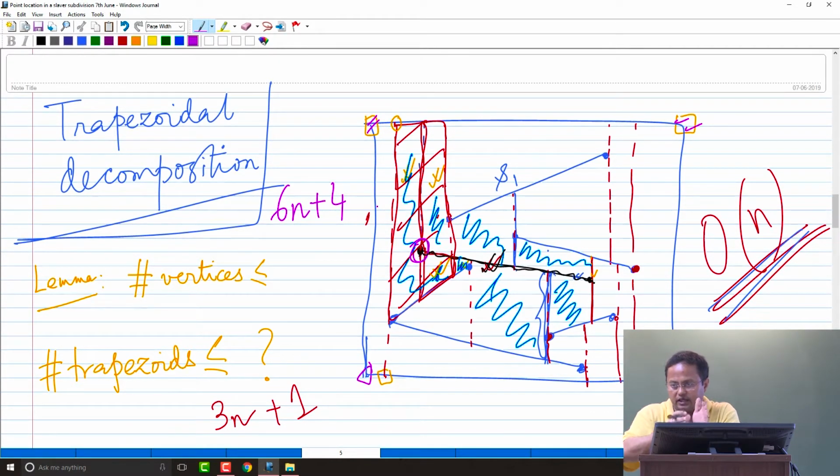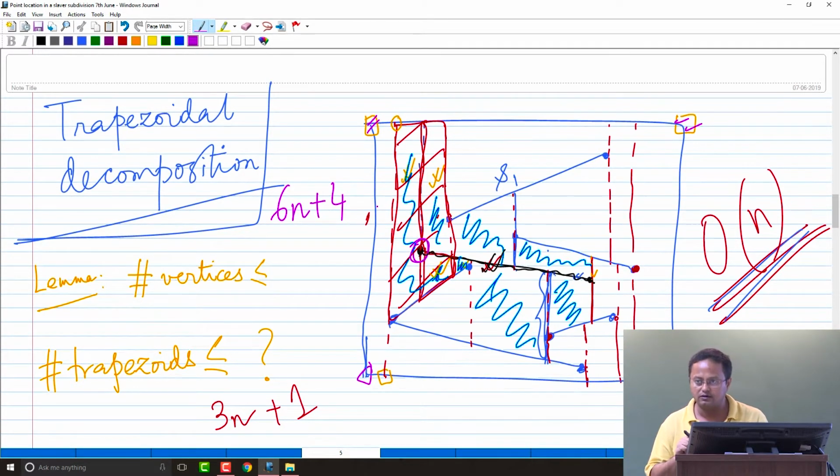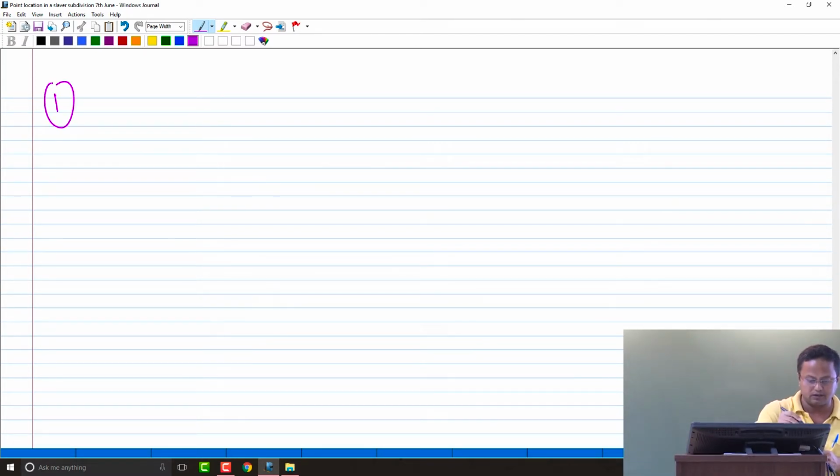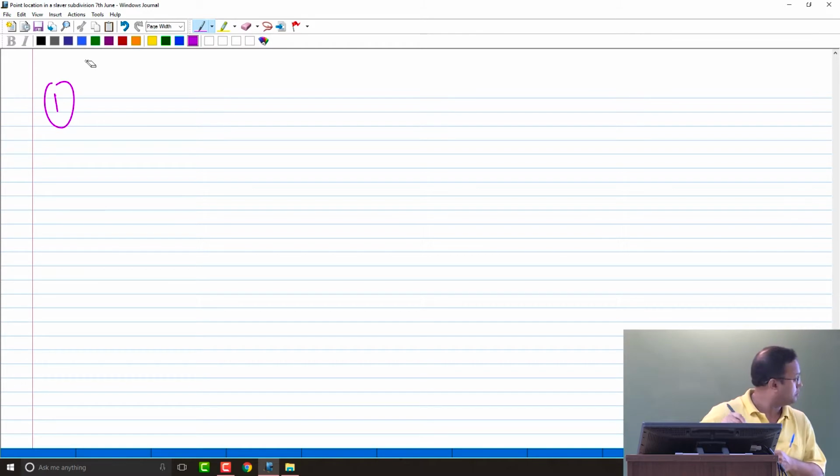Then again you shoot a ray above, handle it, and the other case is when this line segment goes through a trapezoid. These are the only cases to handle. We will show you that for each one of the cases, what is the change in the data structure. So, let us quickly do that case analysis. The first case is like this one. The pink color is visible, no, from the back.